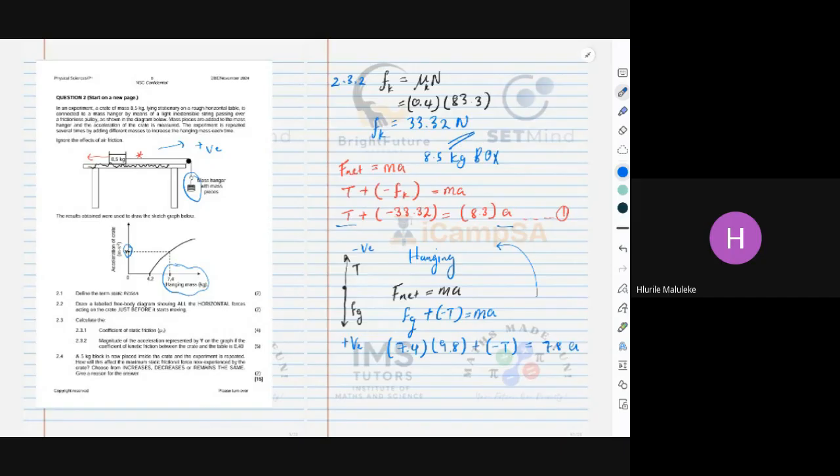It's going to be 7.4 times 9.8. We're going to have 72.52 minus T equals to 7.8a. We can make this our equation 2. Then we need to just come back and make this here the subject of the formula.